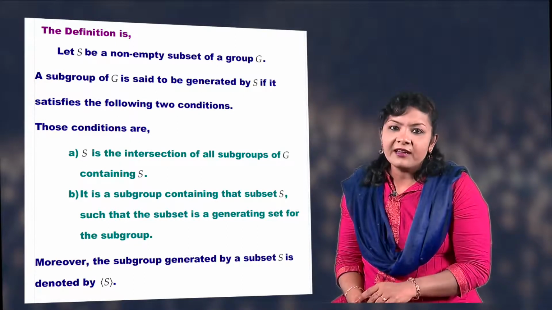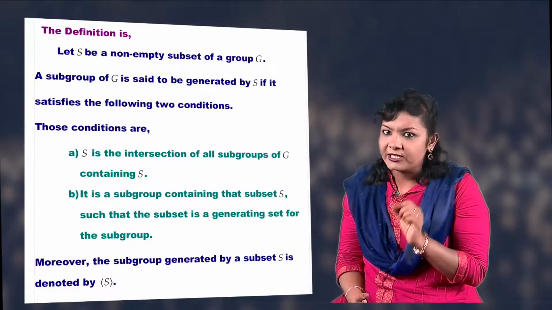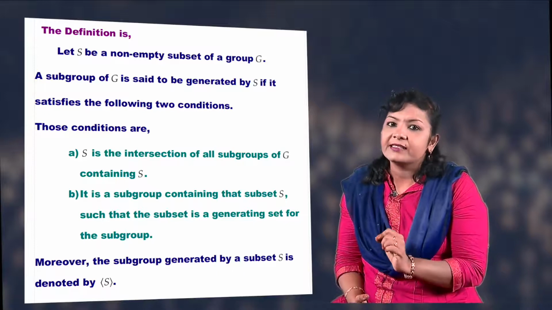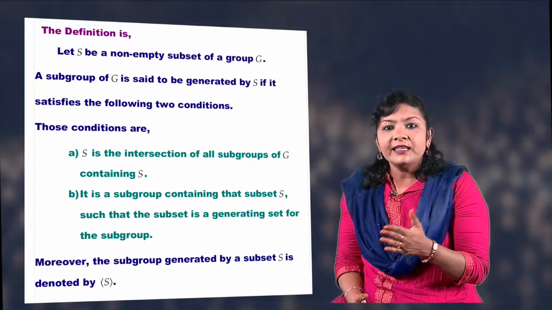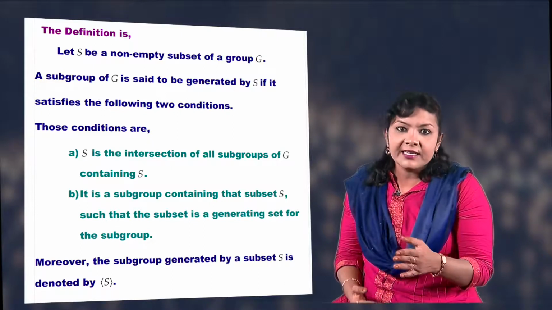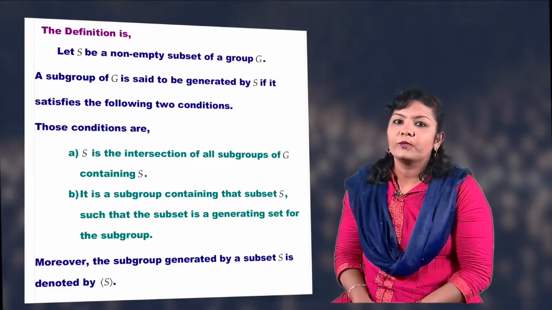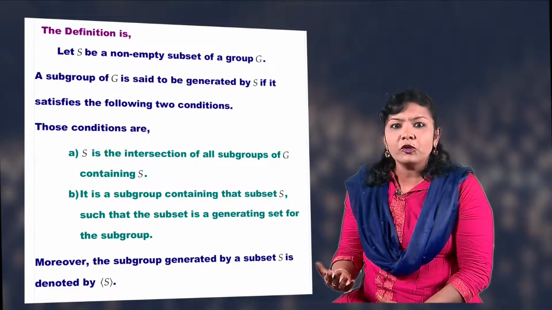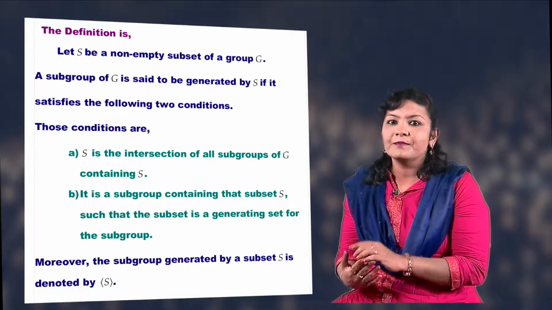The conditions are: it is the intersection of all subgroups of G containing S. Next, it is a subgroup containing that subset S such that the subset is a generating set for the subgroup. Moreover, the subgroup generated by a subset S is denoted by this symbol.